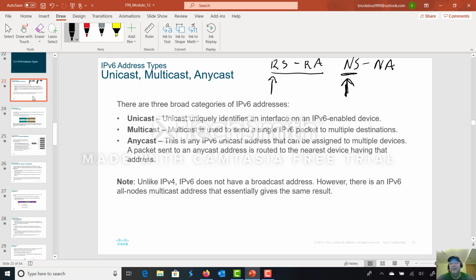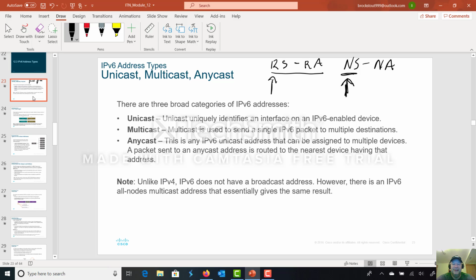Is it for a router? Is it for a neighbor? That's a good example of how they've eliminated broadcast messages by adding multicast and stylizing it by type of device. Just keep that in mind. So unicast and multicast work the same as they did in IPv4.